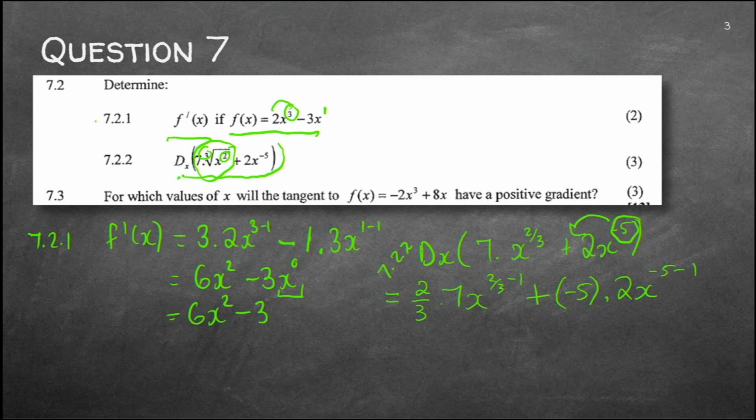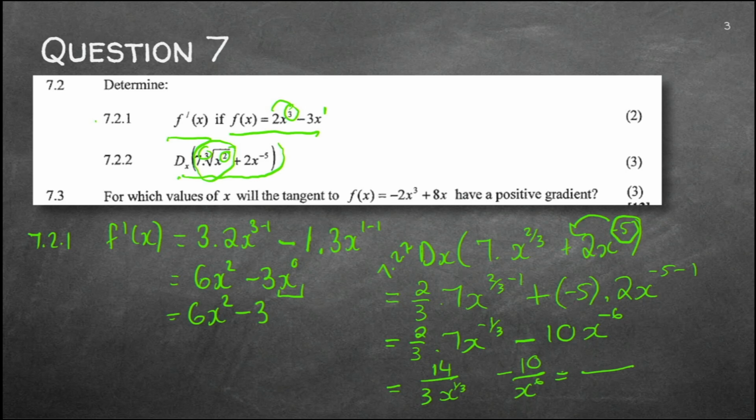Be careful with that sign. So it's 2 over 3 times 7x to the power of negative a third minus 10x to the power of negative 6. Now remember, your answer can't have negative exponents. So this would be 14 over 3 x to the power of a third minus 10 over x to the power of 6.